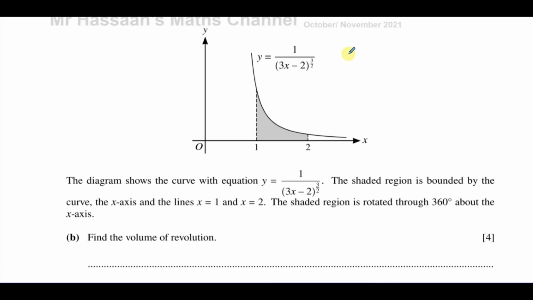So when we want to find the volume of revolution, it's based upon the volume of a cylinder, and the equation we're going to use is pi times y squared dx. Y being the point here on the curve, how high it is, and dx being a small thickness. When you do pi y squared dx, it's like you have a cylinder.